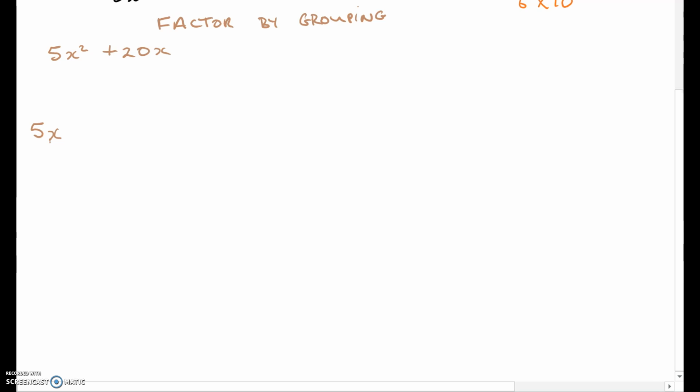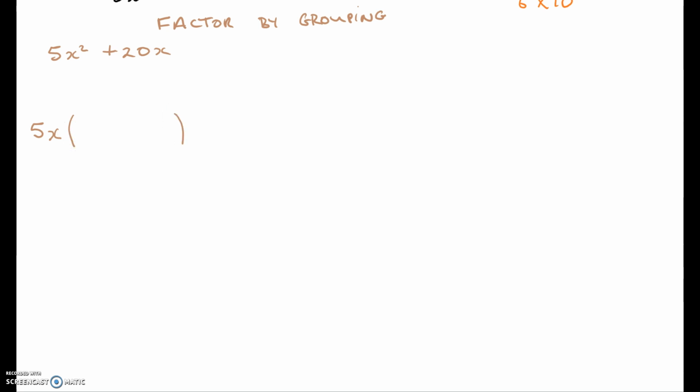Where normally we would have taken 3 steps to get here, I'm just asking you now to see if you can think about it. And if you can't, go back and do it step 1, step 2, step 3. If you can see that 5 is the biggest number that divides evenly into 5 and 20, then that's part of our GCF. And the letter common to both parts is x. So 5x is our GCF, and that goes on the outside.